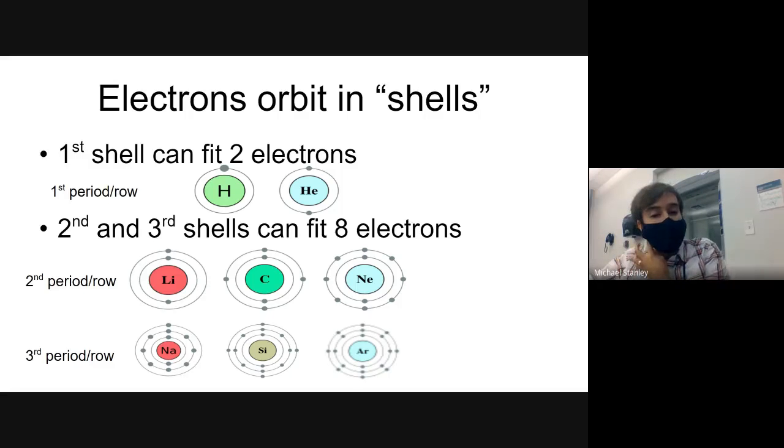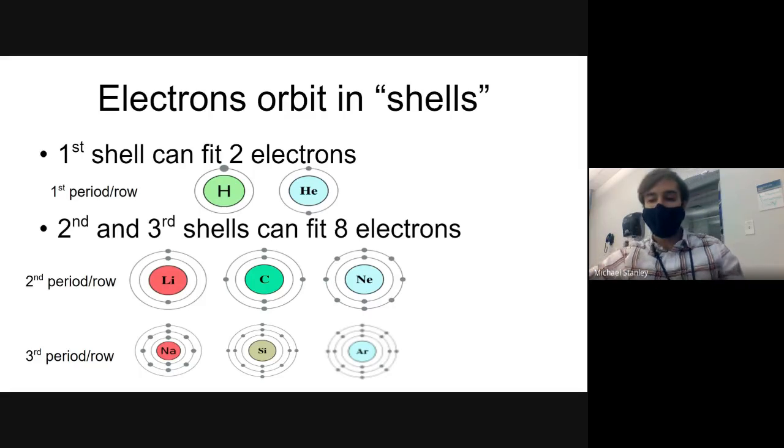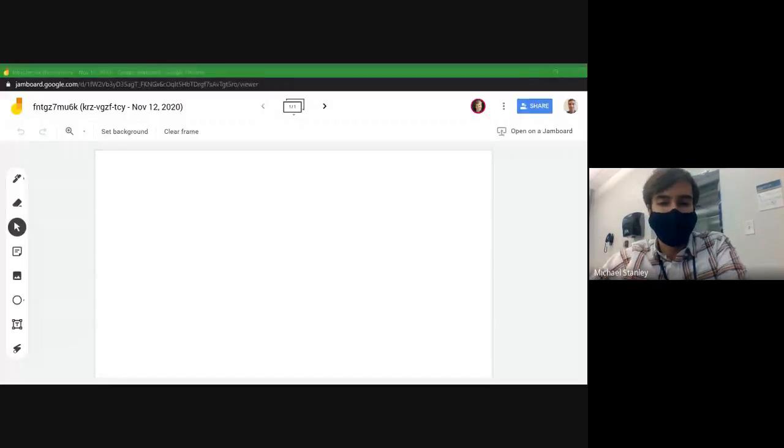So I'm going to go ahead and open up a Jamboard so I can do a couple of these and show you how I would go about doing this if I had a blank sheet of paper. There's a link to it in the chat if you want to go in and look at it in person. But I'm also going to share the video of it on our class right now so that if you just want to watch along and talk along with the video, that is fine as well.